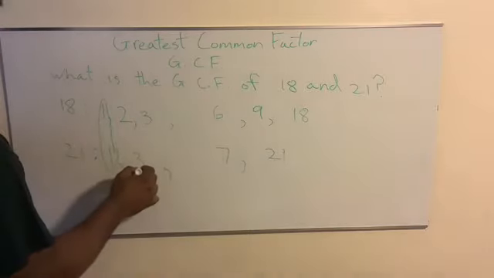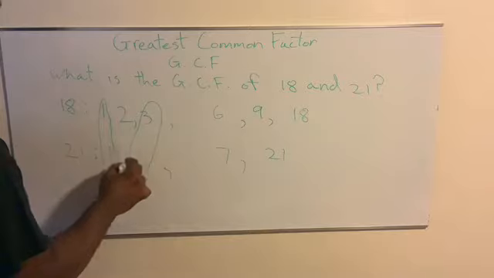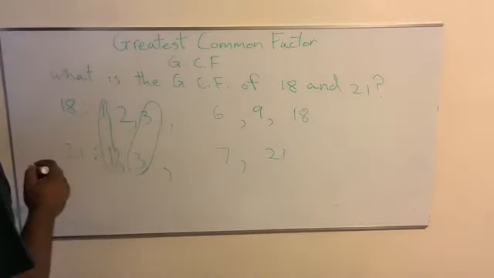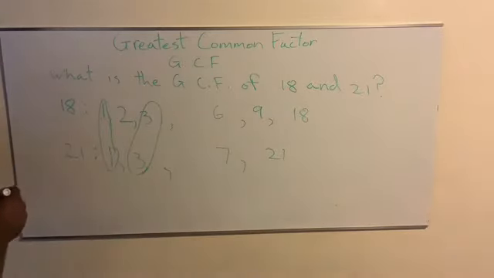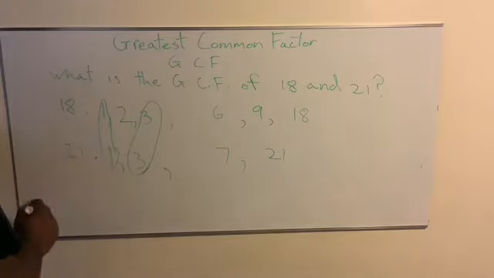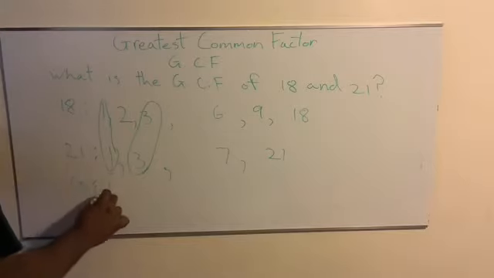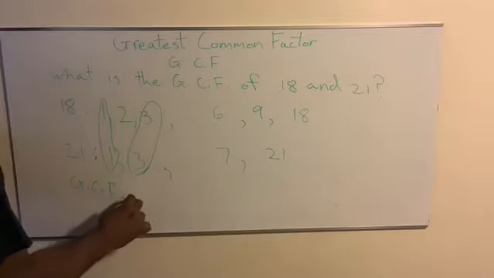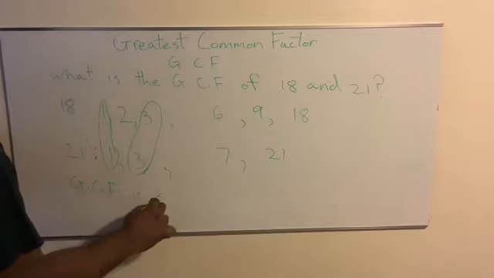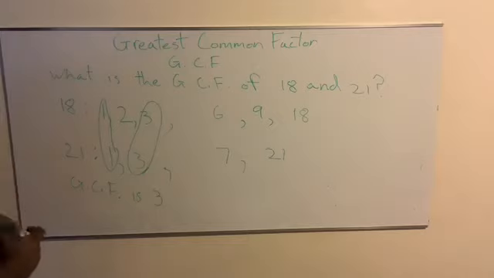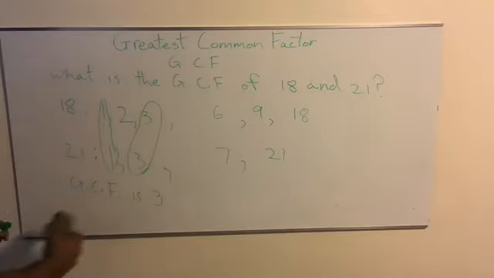They share 3. And that's it. So the common factors of 18 and 21 are 1 and 3, but the GCF is 3. So if I have a group of 18 things and 21 things, 3 is the biggest number I can use to break down 18 and 21.